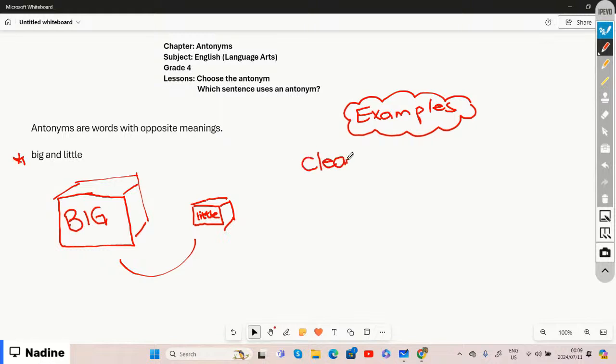Clean. You need to tell me what is the opposite of clean. Black. Happy. What is the opposite of clean? What is the opposite of black? What is the opposite of happy?